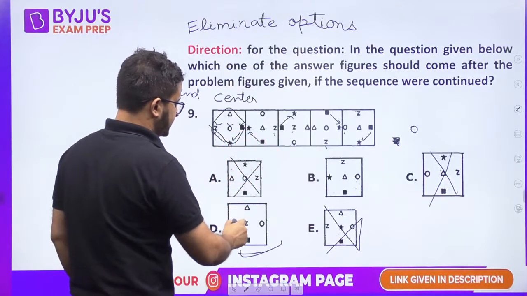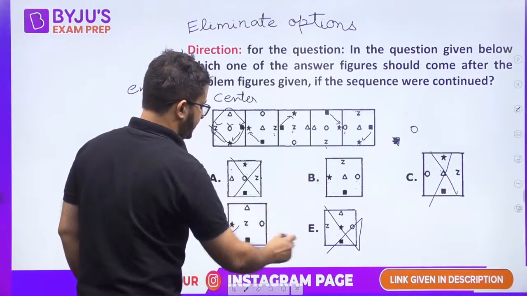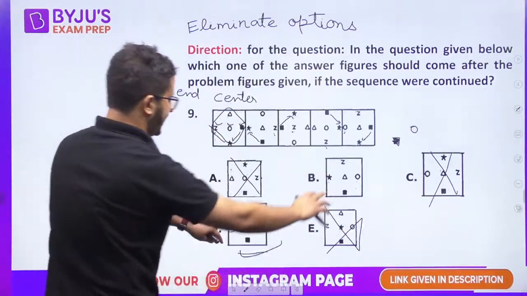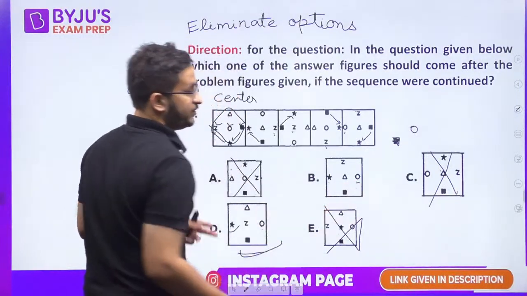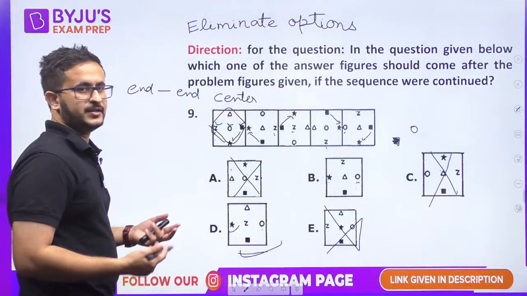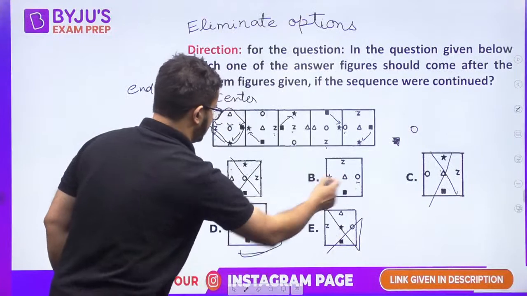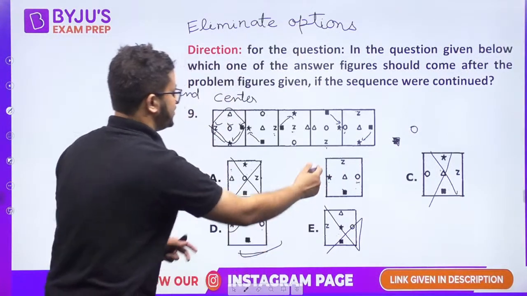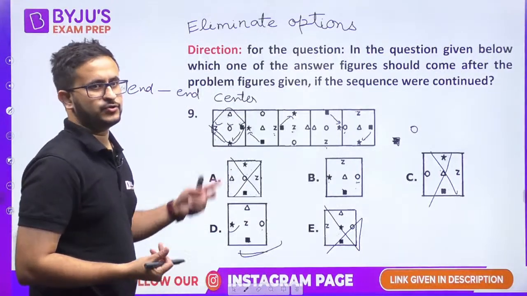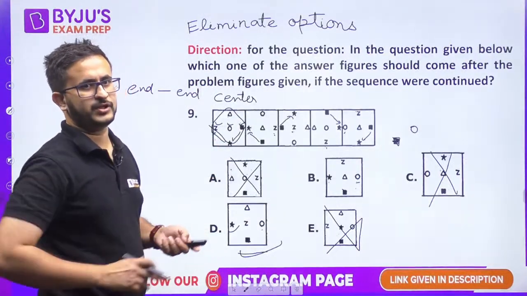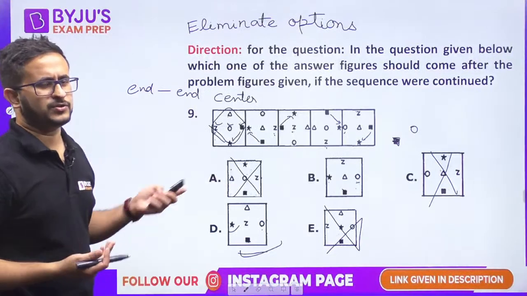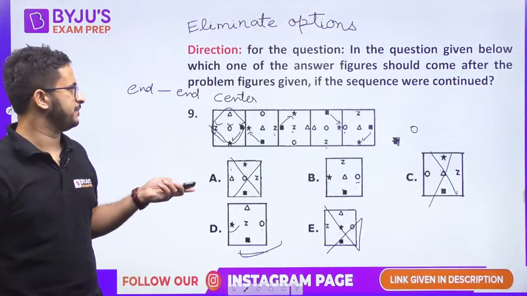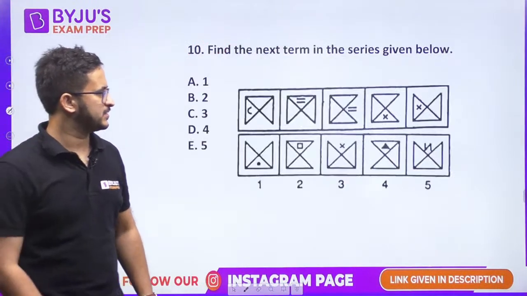We saw that the star is here in 2 of the options, B and D. So we eliminated 3 options. Now if you see B and D, the circle is here in both, so no need to check the circle, right? The square is also in this position, so you need to check only Z or triangle. So it could have been done with 2 elements. Okay, so it is about luck also. You started with some pattern and got it, or in some cases you might have to check multiple ones.